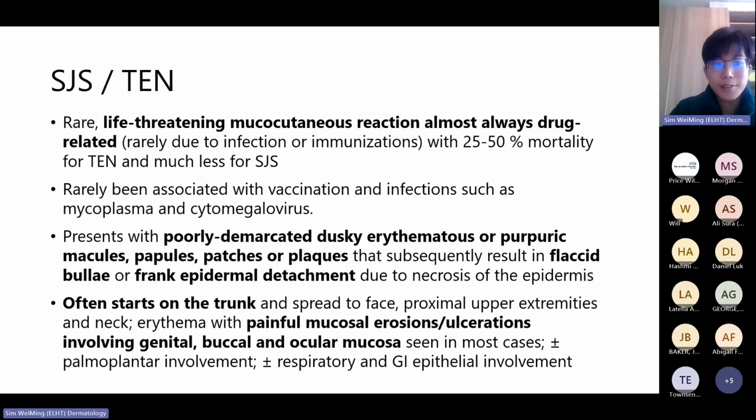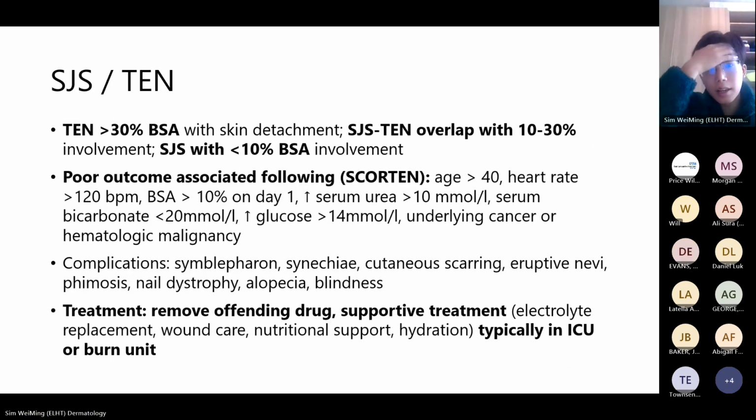To be fair, they can involve everywhere that has a mucosal surface, and if it involves the respiratory, GI, or cardiovascular systems, then obviously it's much worse. SJS and TEN is a spectrum, so if you've got more than 30% surface area, that's TEN. If you've got an overlap, that's 10 to 30%. If it's less than 10%, then it's SJS. So that's the spectrum.